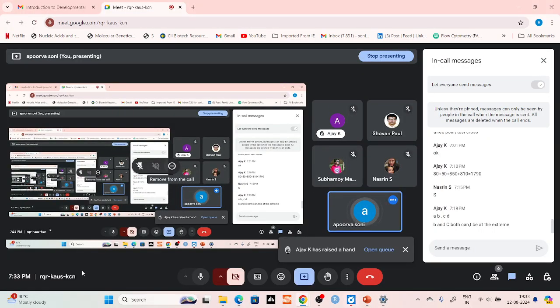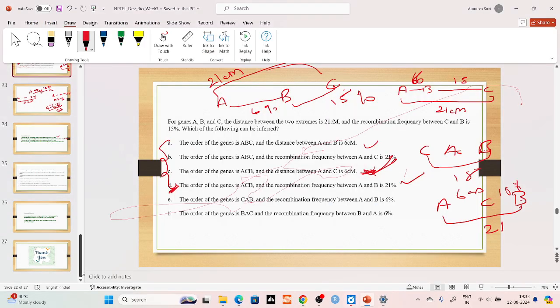Yes, Ajay, you can speak. Madam, I think it cannot be arranged as CAB. A cannot be in between. That's what I said, that E is not the correct answer. You see, it is CAB. If I write it as CAB, and here they are saying in this option the order of the gene is CAB and the recombination frequency between A and B is 6%. It cannot be, because these are the two extremes.